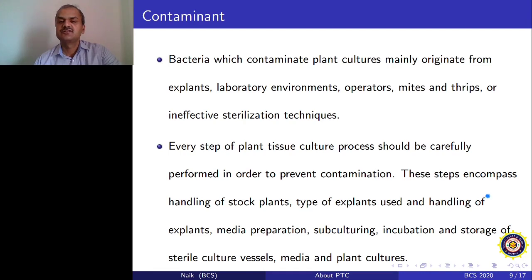I have seen lots of tissue culture labs which can maintain plant tissue cultures without any contamination for many years. So it is possible to do it. It is possible to get contamination free plant tissue culture protocols from any lab which is just beginning in the plant tissue culture area.